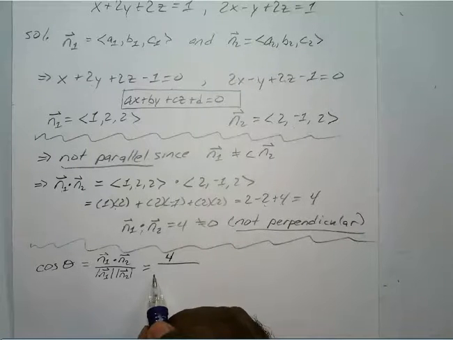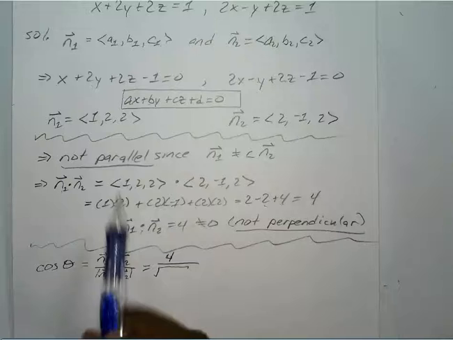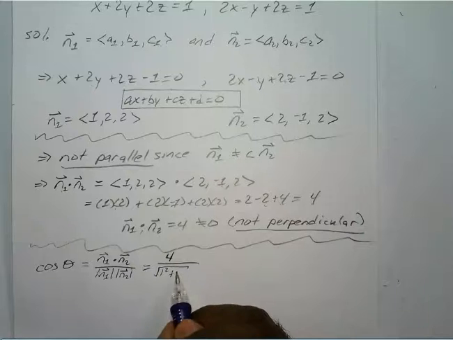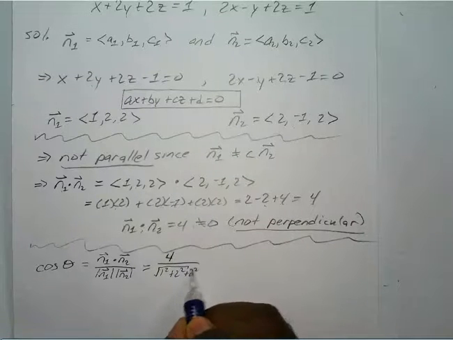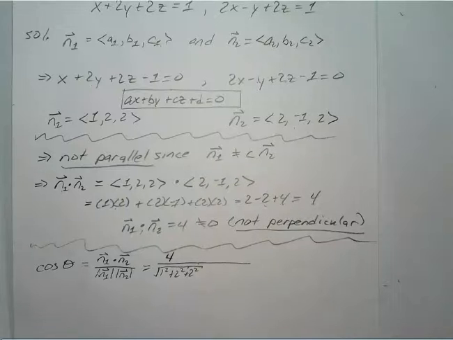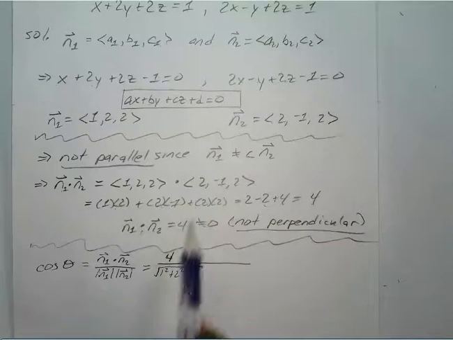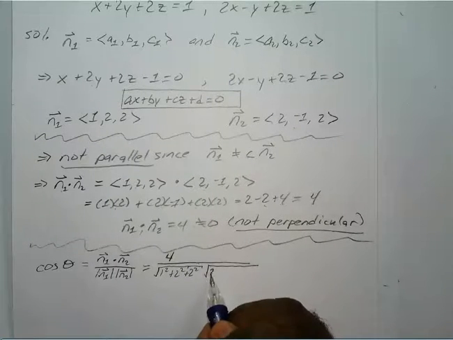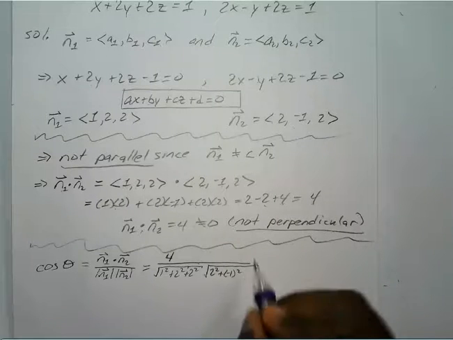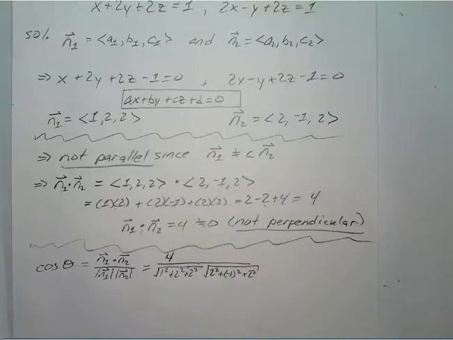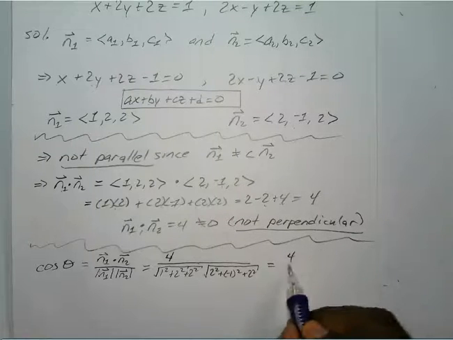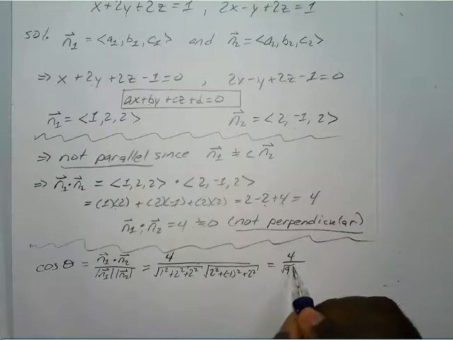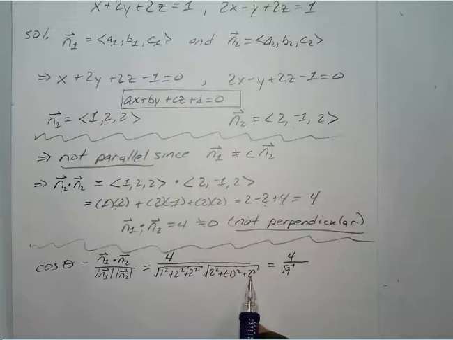The magnitude of our first normal vector is the square root of each of the components squared and added up. So we have the square root of 1 squared plus 2 squared plus 2 squared, times the magnitude of our second vector, which is the square root of 2 squared plus negative 1 squared plus 2 squared. That gives us 4 over the square root of 9, since 1 plus 4 plus 4 is 9, times the square root of 9 again, since 4 plus 1 plus 4 is 9.